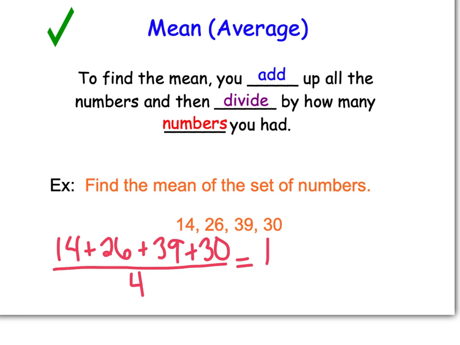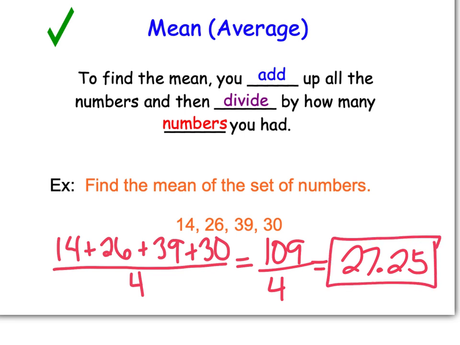I end up with 109 in my numerator, and then if I divide that by 4, I get 27.25. Now, what that means in terms of a measure of central tendency is that this number would be a good representative number to replace this entire set of numbers.